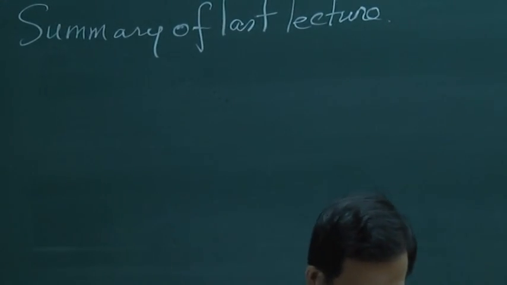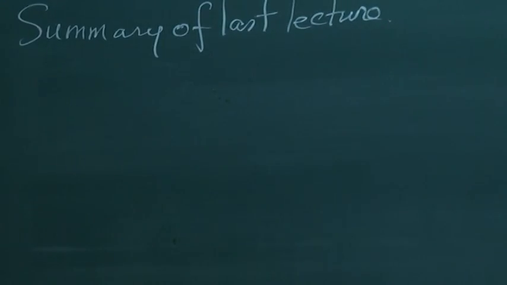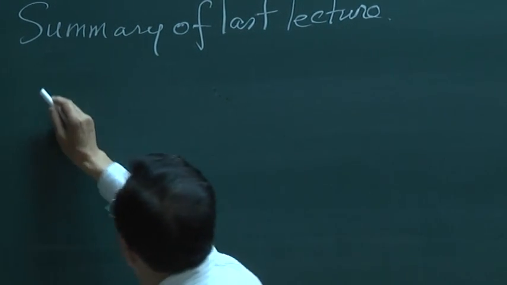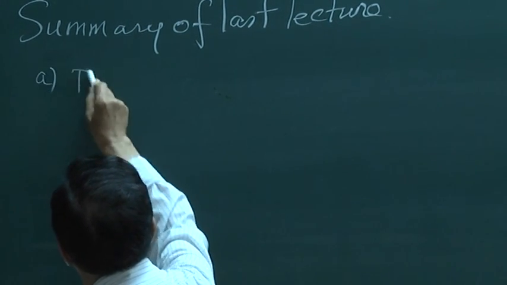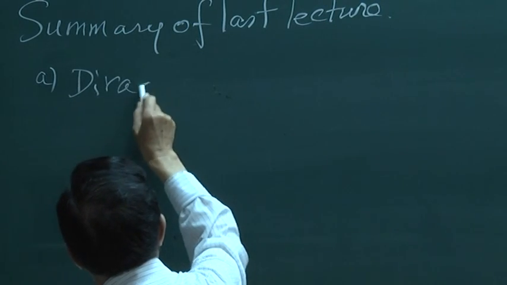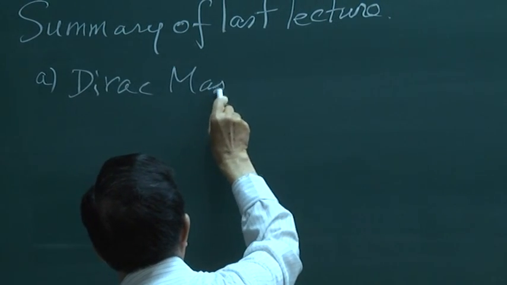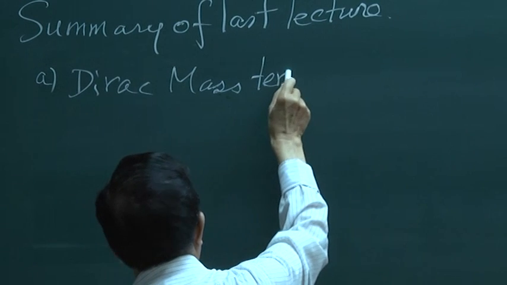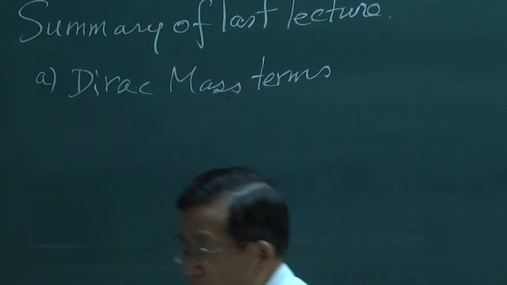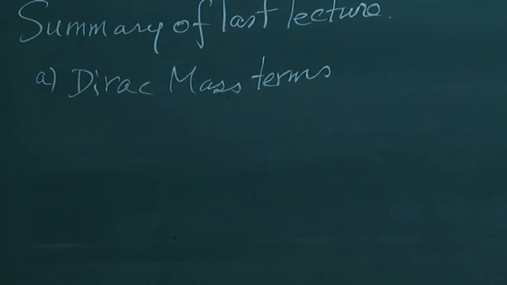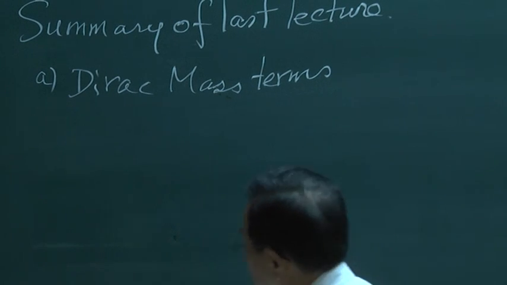Basically, we talk about how to give neutrinos a mass. The first way to do it is called Dirac mass terms, and this is the simplest way to do it.